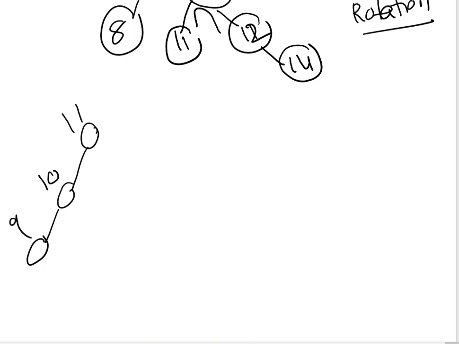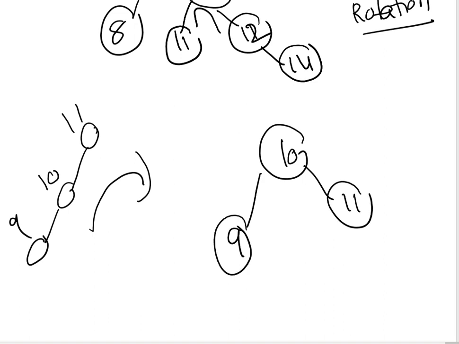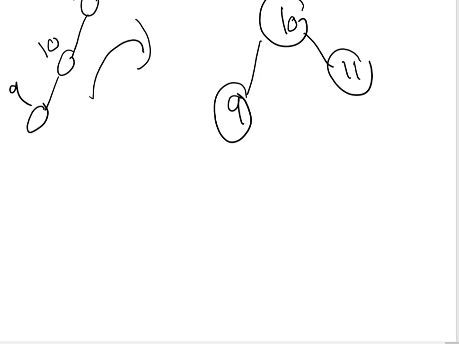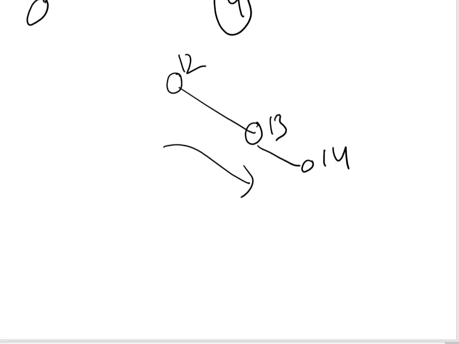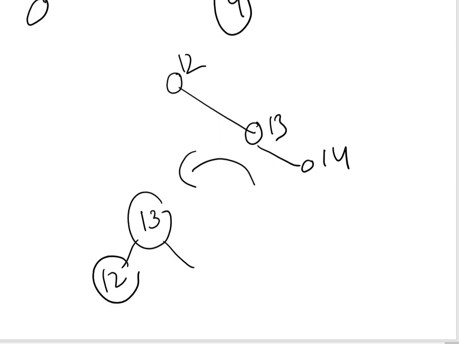Which rotation do we need to perform? Right rotation. So 10, 11, 9. Done. If this is the case, 12, 13, 14, which rotation do you need to perform here? Left rotation. Then 13, 12, 14.